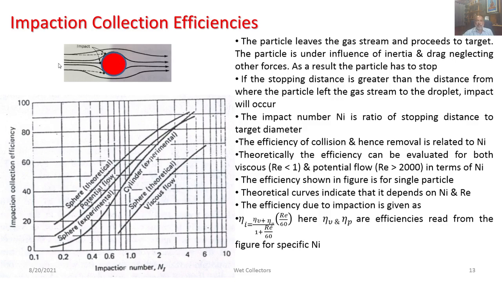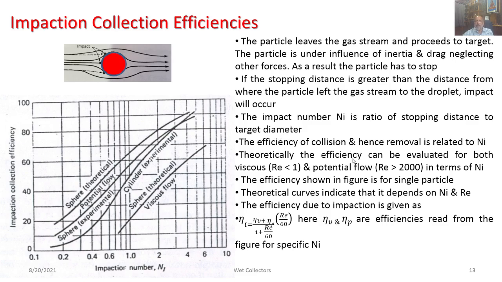If the stopping distance is greater than the distance from where the particulate left the gaseous stream to the target, the impact will occur. This impact is expressed in terms of the impact number, which is the ratio of stopping distance to target diameter.